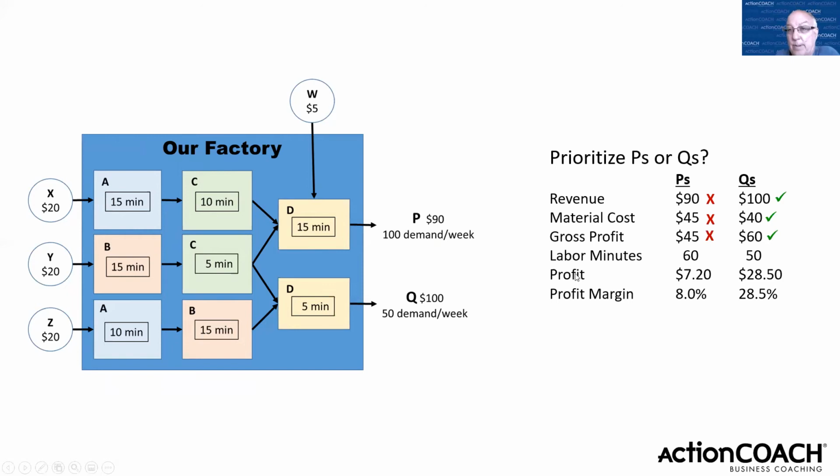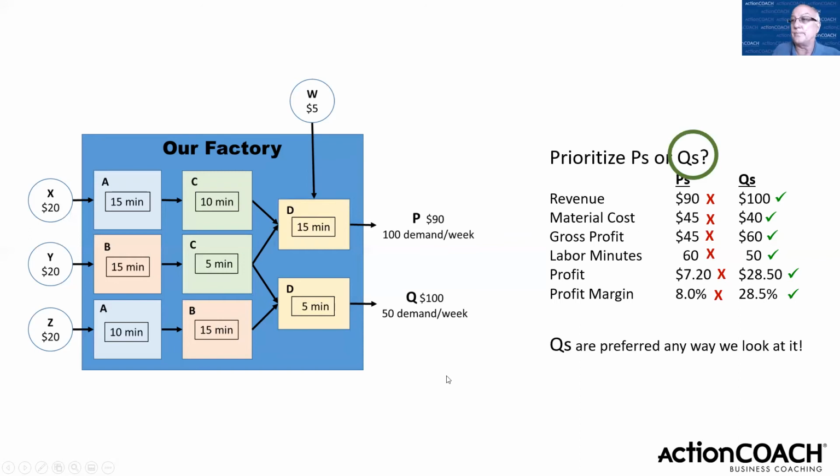From labor minutes, we prefer lower labor minutes. Qs again. From a profit standpoint, we like to make more profit, not less profit. Qs again. Profit margins, we like higher profit margins, not lower profit margins. Q again. All right. So very clearly, our factory should be prioritizing Qs over Ps. Right.